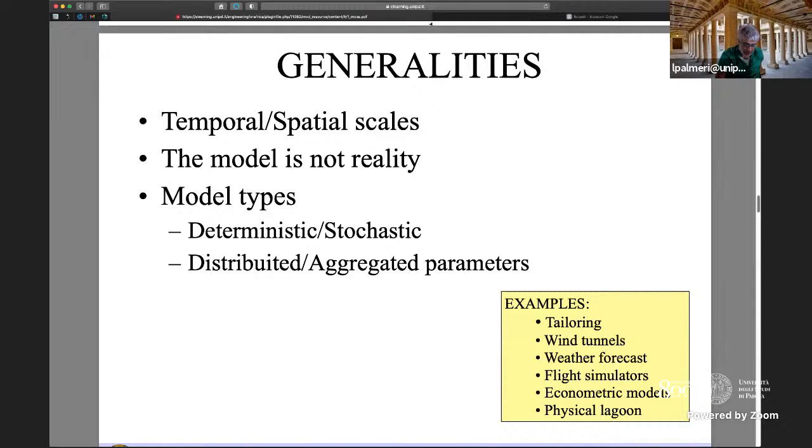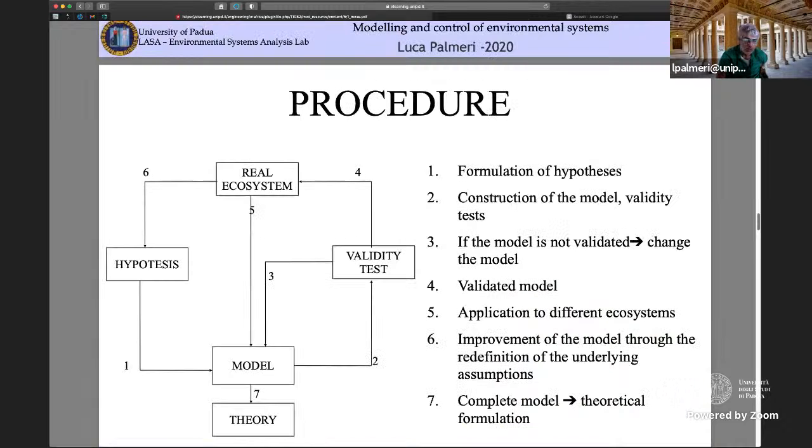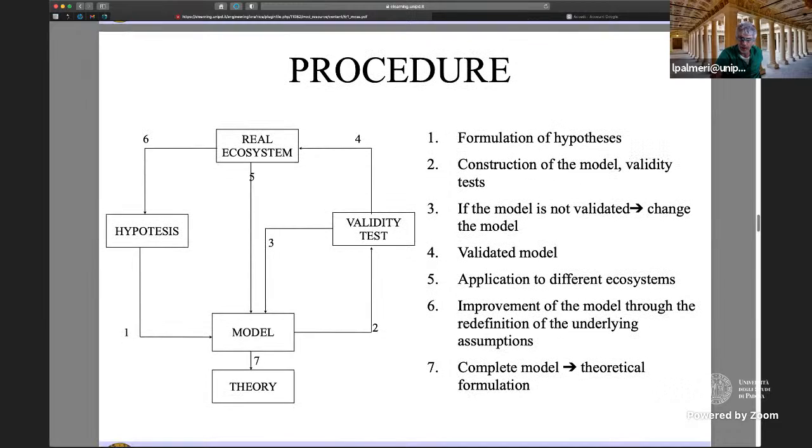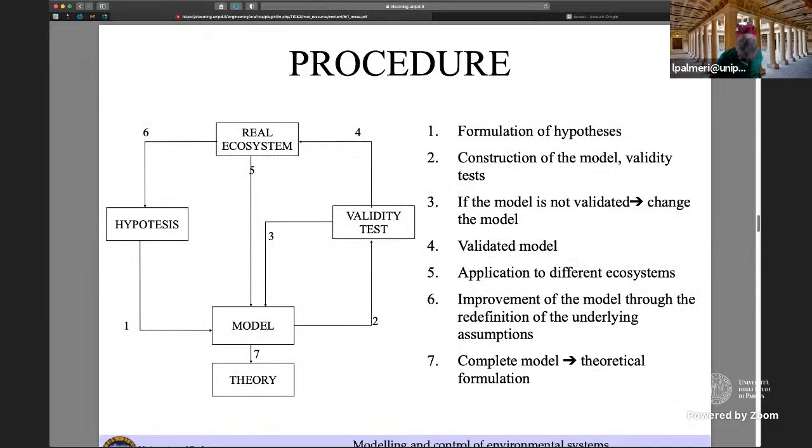We have such an example here in Padua because we have a physical model of the Lagoon of Venice that has been employed in order to study the effects on the Lagoon of Venice ecosystem of the construction of closures to the lagoon sea inlets.